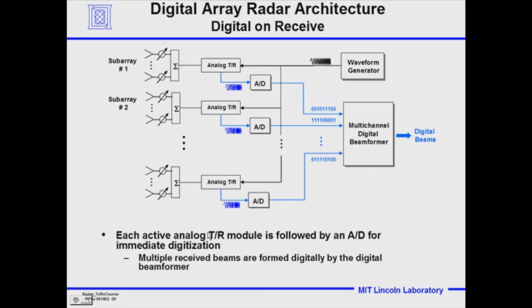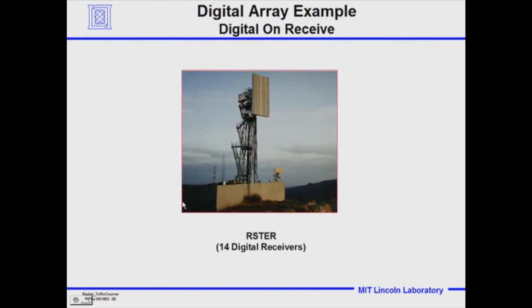So it allows us to make multiple beams, and the different beams can perform different functions or simultaneously do surveillance over different pieces of coverage. Okay? And RSTER, the system I showed you a little earlier, that solid state system, uses digital on receive technology.